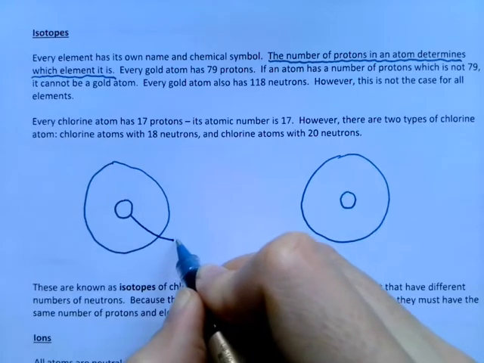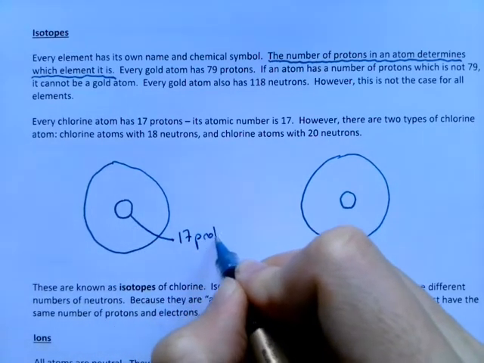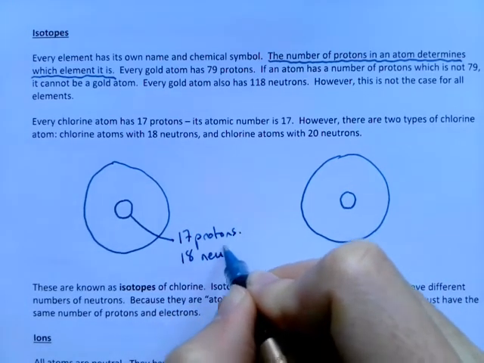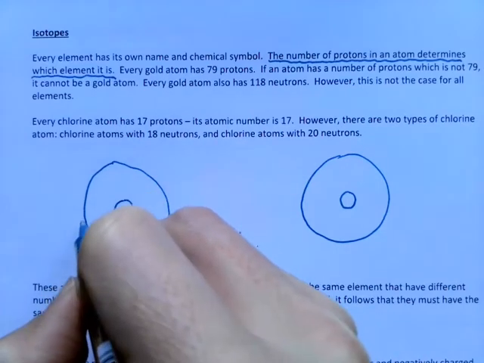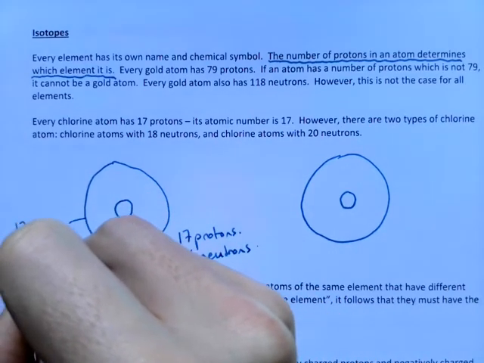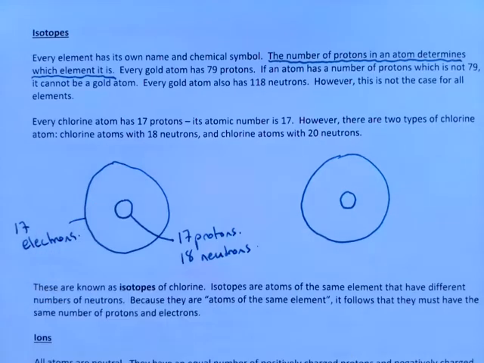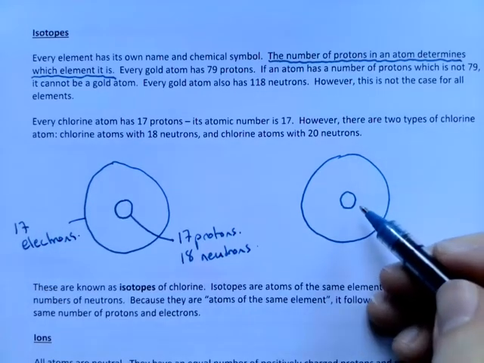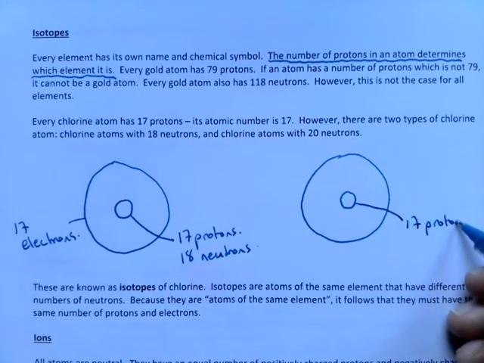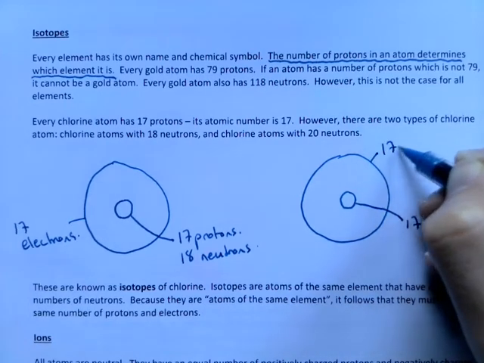And in my nucleus here, in this one, I have got 17 protons and 18 neutrons. And I've got 17 electrons. Now in this version, I've still got 17 protons and I've still got 17 electrons.